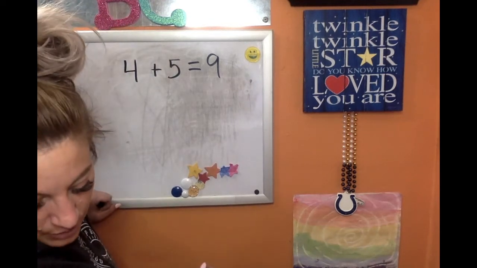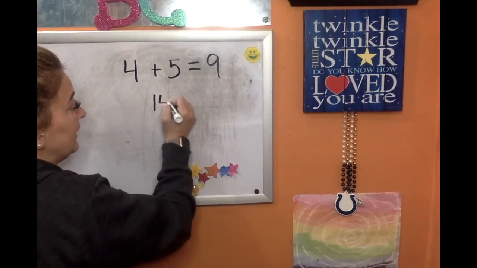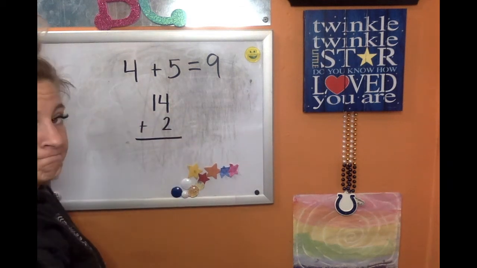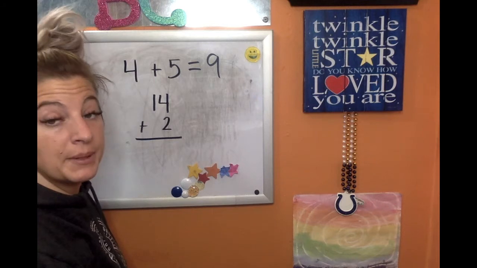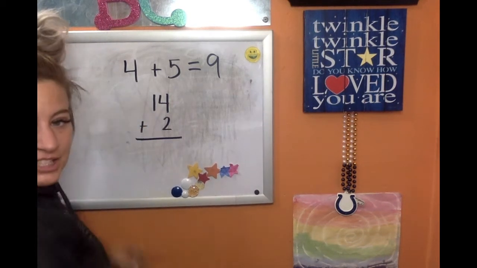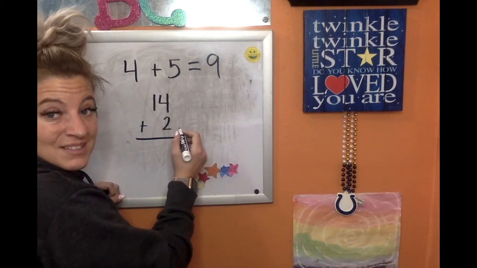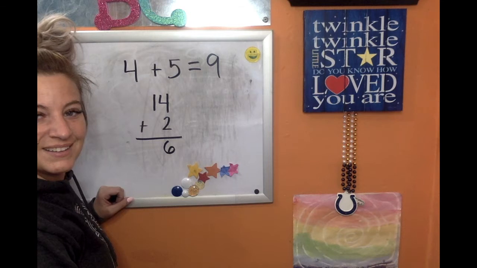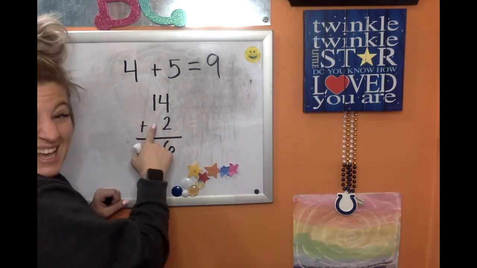Okay, here we go. This one's 14 plus 2. What do we need to do first? 4 plus 2. What's 4 plus 2? 6. What do we need to do second? The 1 plus nothing.